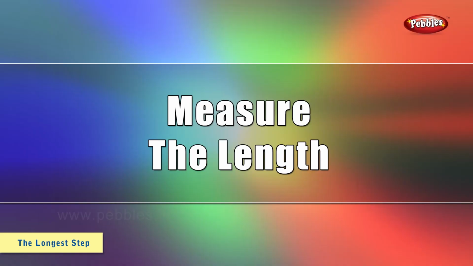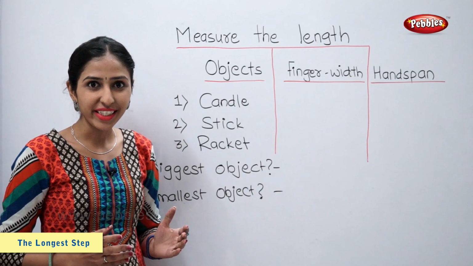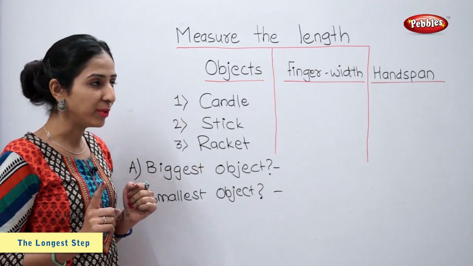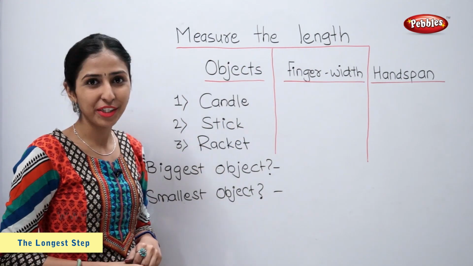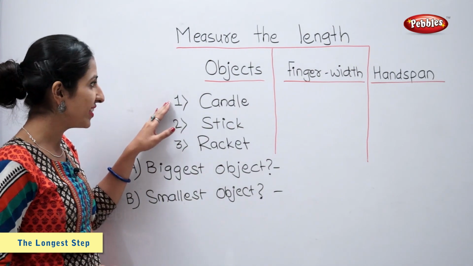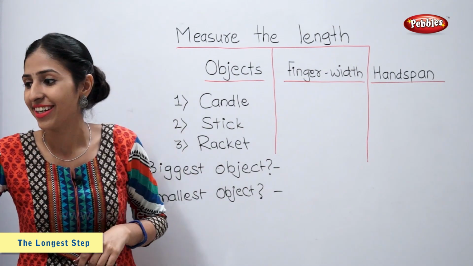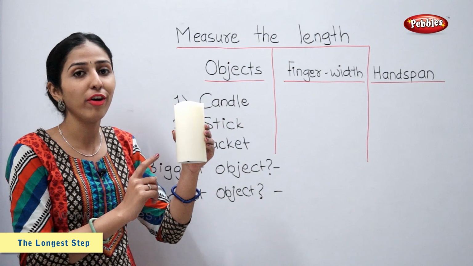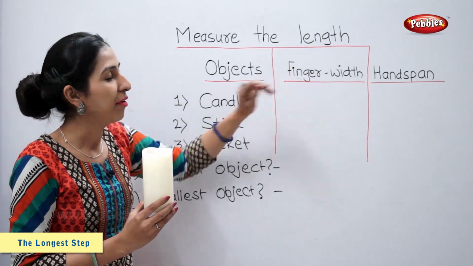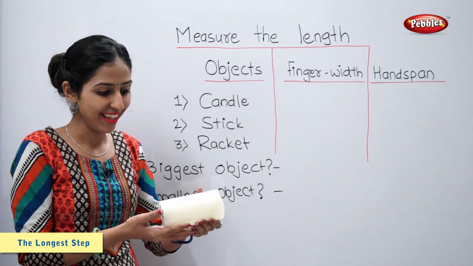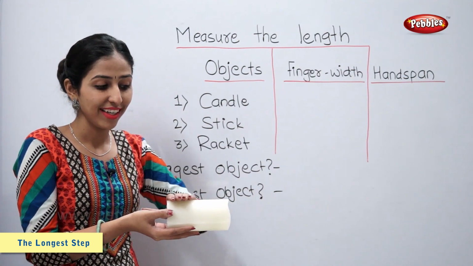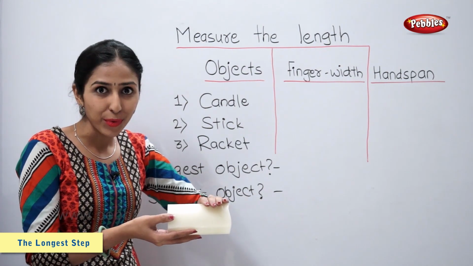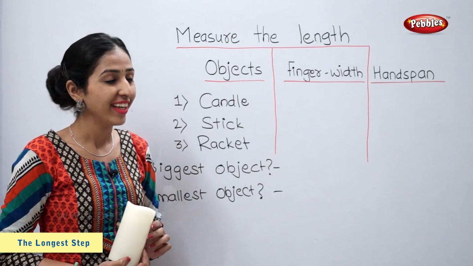Measure the length. Students, now let us measure length of these objects using these measurement units. First is candle. Let us measure the length of this candle using finger width. 1, 2. 2 finger width.